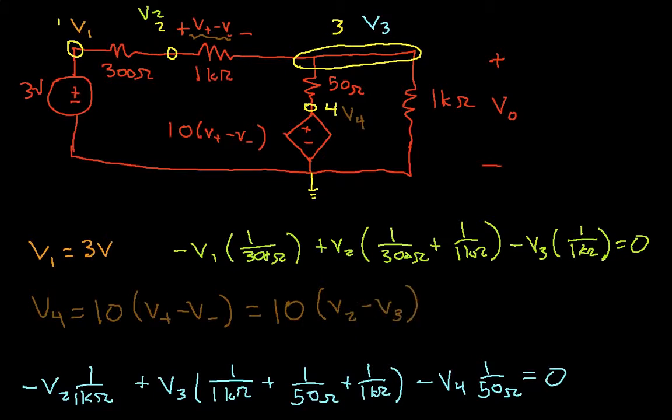Okay, so now we have 4 equations and 4 unknowns. Once we solve these, we should be able to tell what the output voltage Vout is, which turns out to be the same as V3. So let me write this down so we can solve it.